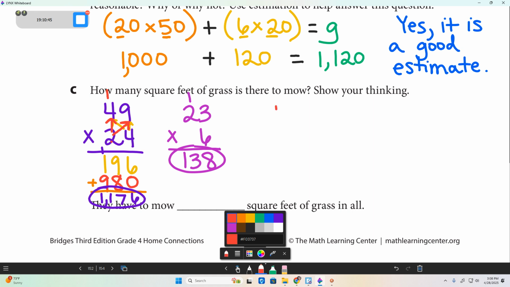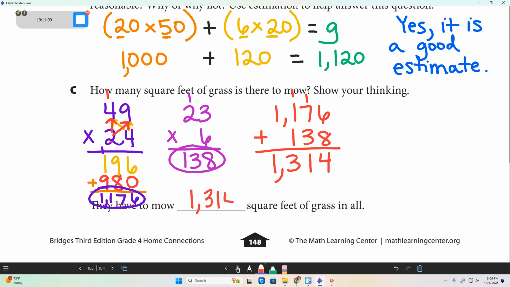I'm going to put those two numbers together. 1,176 plus 138. And let's see. It's 11. That's 3. Nothing to carry. For a final answer of 1,314. And it's going to be square feet, right?